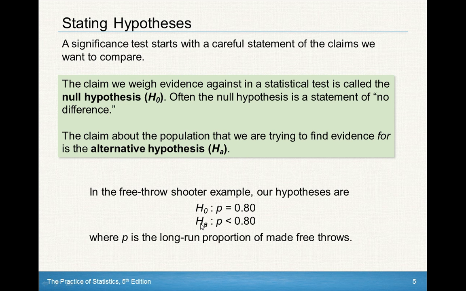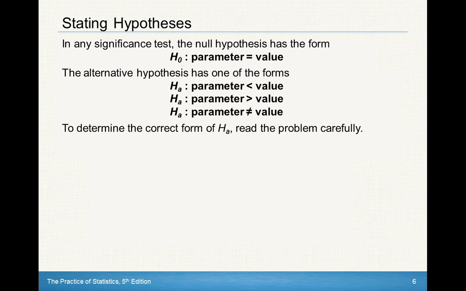The alternative hypothesis is that his free throw shooting percentage is actually less than 80%. And they've defined p as the long run proportion of made free throws. Not how many free throws he'll make in the next 25, but over a very long time period, how many free throws we can expect this shooter to make.